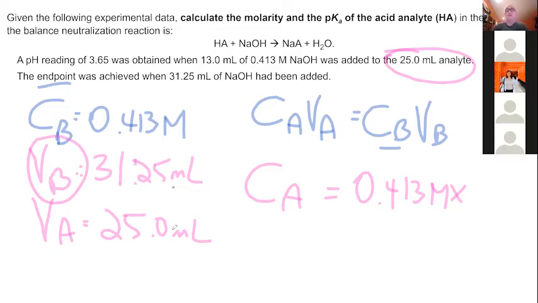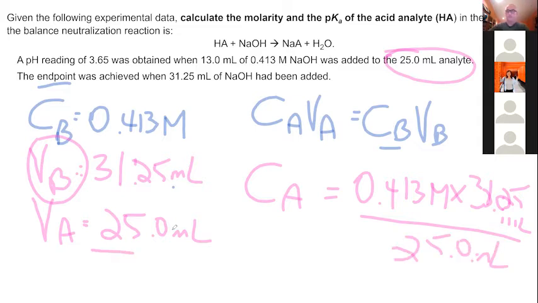If we need to figure out the number of moles, then we do need to change the units to liters. But in this instance, we don't, because we're just going to cancel units anyway. So the volume of base is 31.25 mils. And we're going to divide that by our volume of acid, which is 25.0 mils. So what's our concentration of acid?